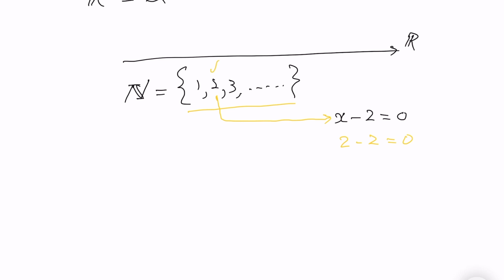Is there any other number among the infinitely many counting numbers which I can plug in here and get 0? No. That's the only answer which can work. But just see, if I make a small change here, what about if x plus 2 is equal to 0?